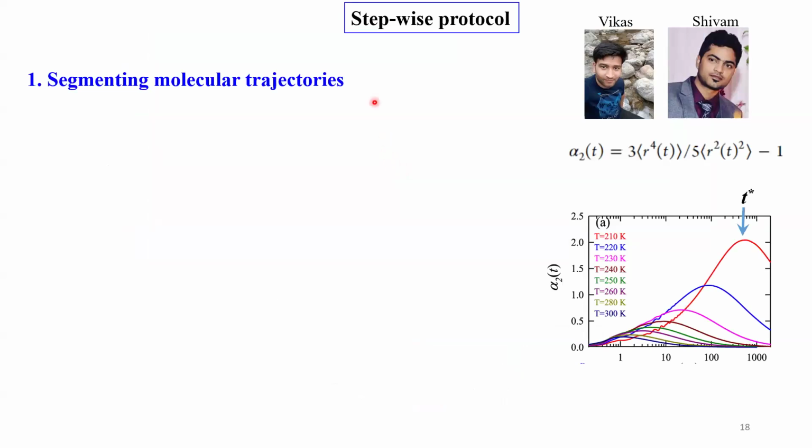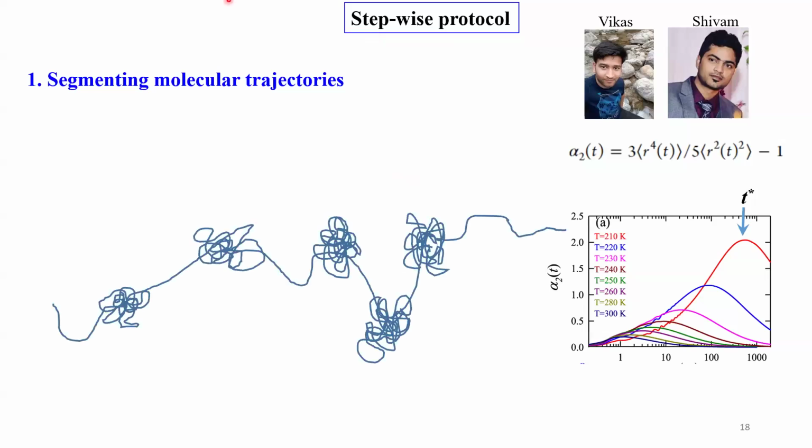So our method, which actually gives rise to this protocol, I will explain briefly. There are 4 different points. Firstly, let us say this is the trajectory of a single water molecule, and it goes through small, very rattling motions where it is moving in almost the same space, and then also a large jump, and then again rattling and large jumps like that. So these are small diffusions and these are large diffusions basically.